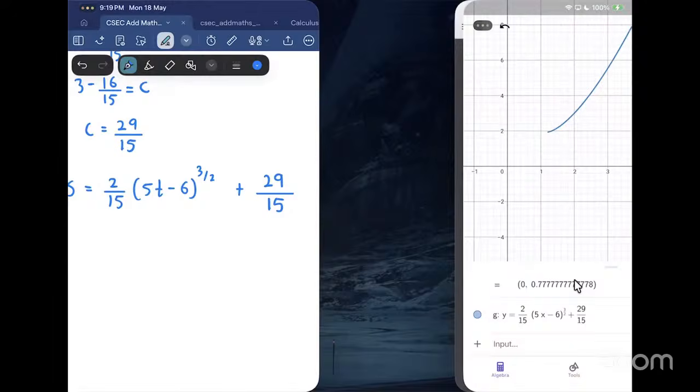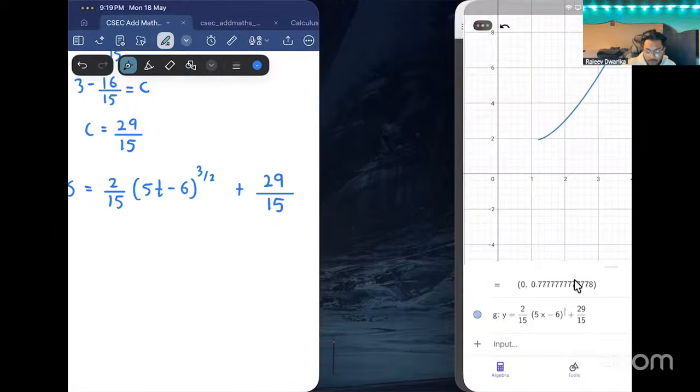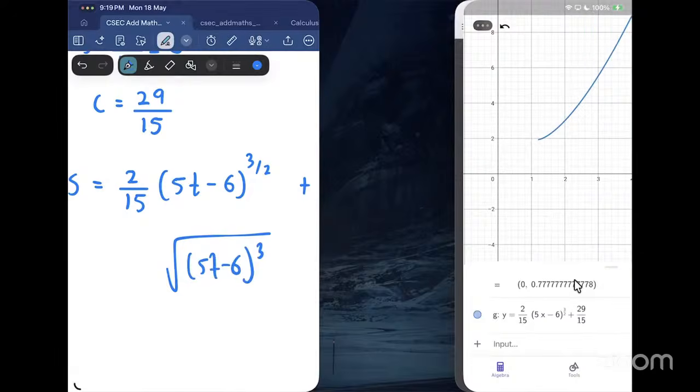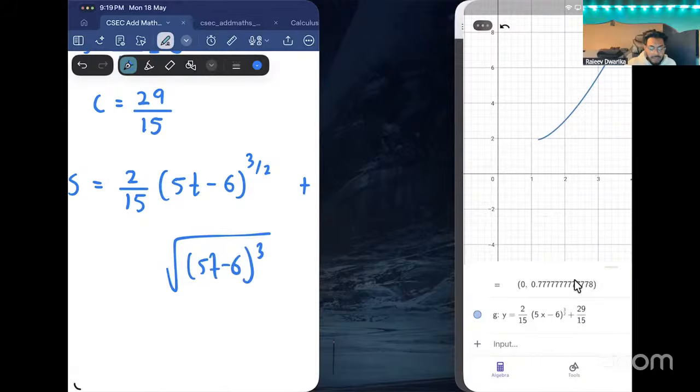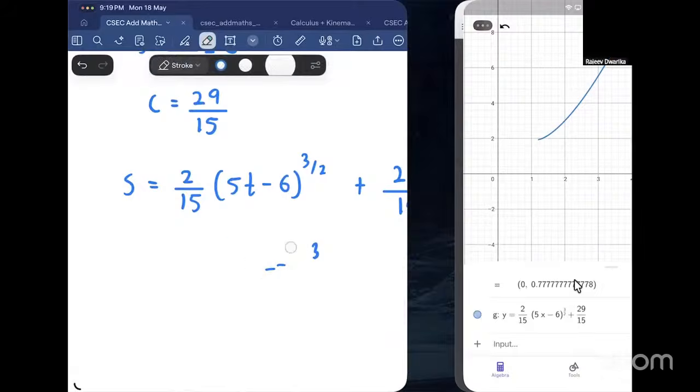No, sir. That's why the graph is cut off. 5t minus 6 to the power 3 over 2 is just the square root of (5t minus 6) cubed. There are some values of t that make the inside of the square root negative, so you wouldn't be able to plot them on the graph.